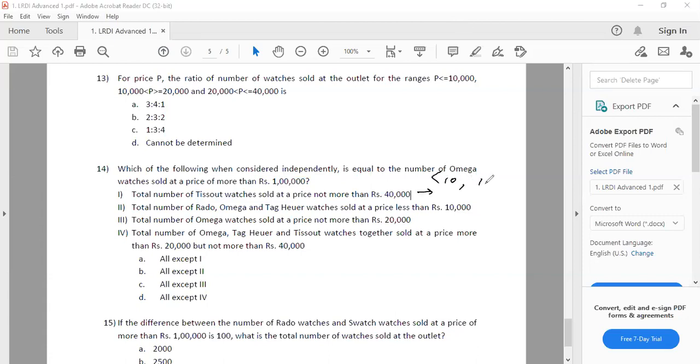Less than 10,000, 10 to 20,000 and 20 to 40,000. Adding these three categories, how many are you getting for Tissot? How much is coming?